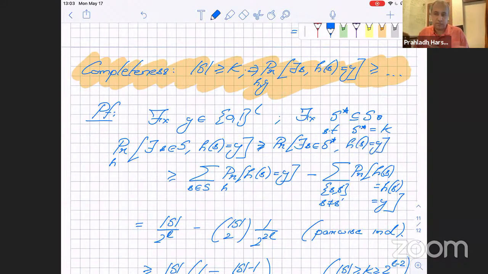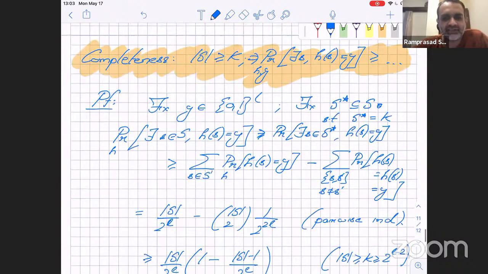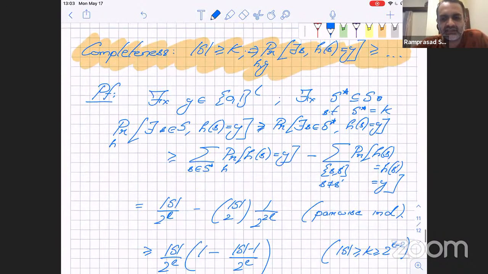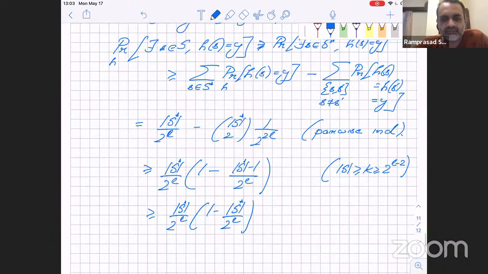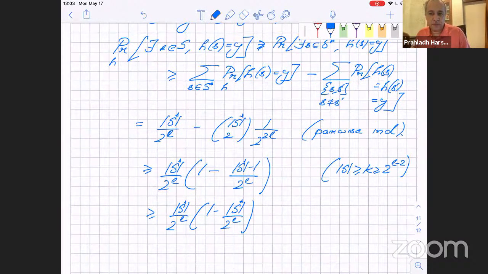So make it 1/4. This is also something we did similar in the Valiant-Vazirani type calculation. Now it's not going to be 1/4. It's going to be significantly away from 1/4.